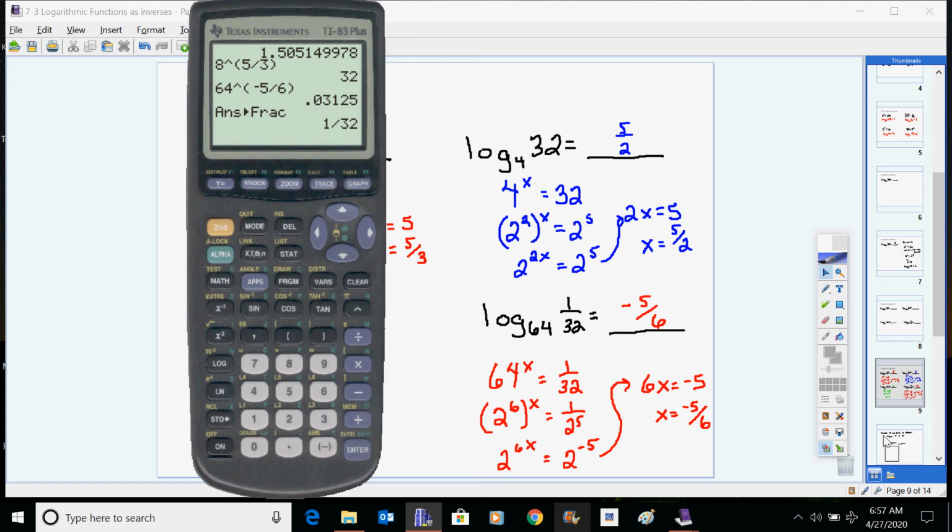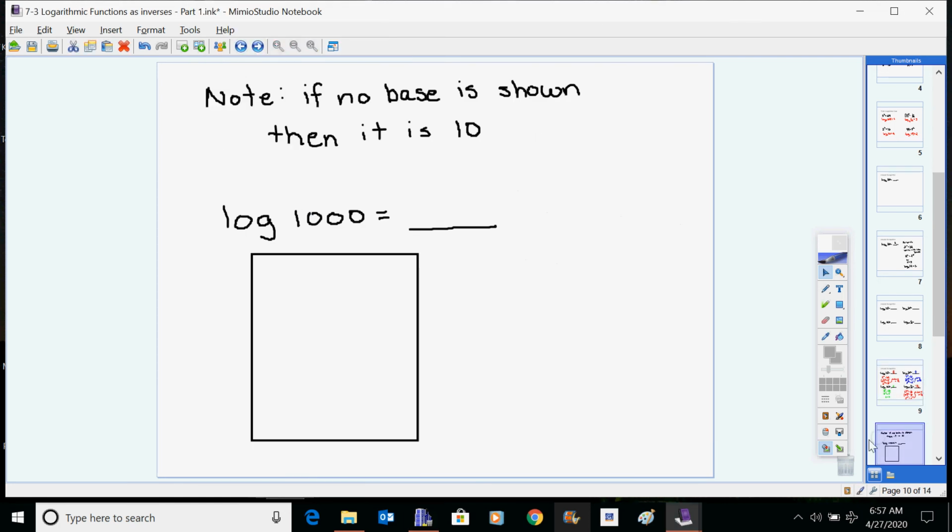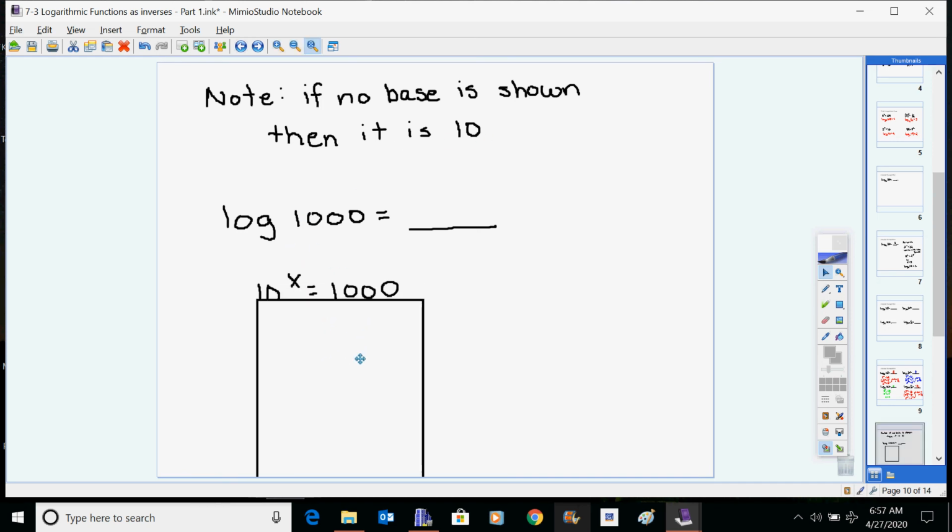Okay. So you have the skills now to evaluate manually the ones that are nice, convenient powers. And we do have another issue that we need to talk about. You know how sometimes, like when we had a square root and the index that was hiding was a 2, when you don't have a base written here, there's actually a hidden base, and that hidden base is 10.